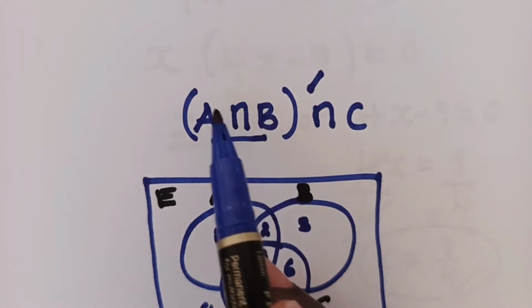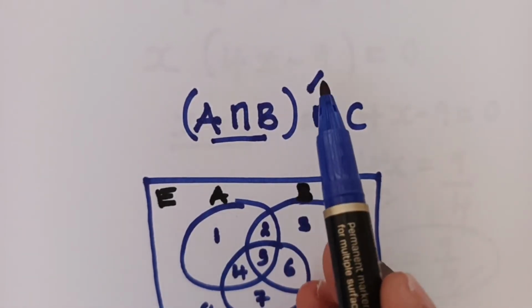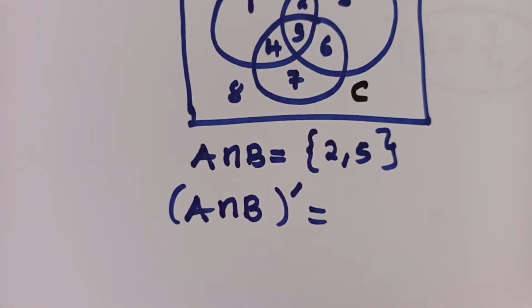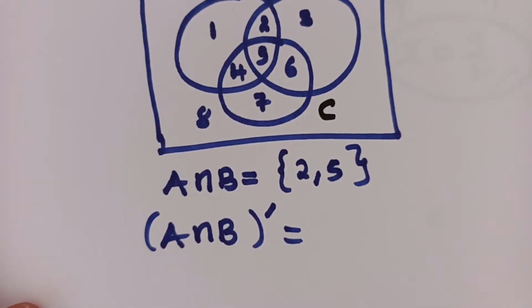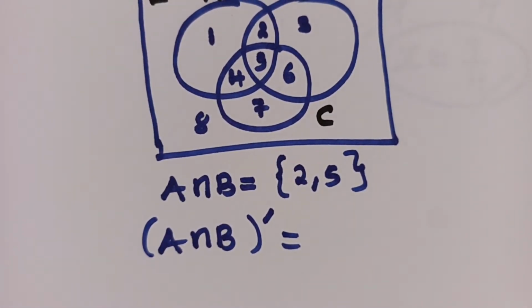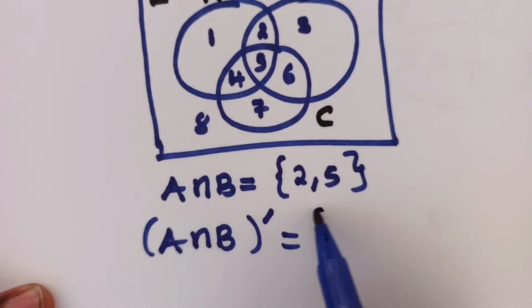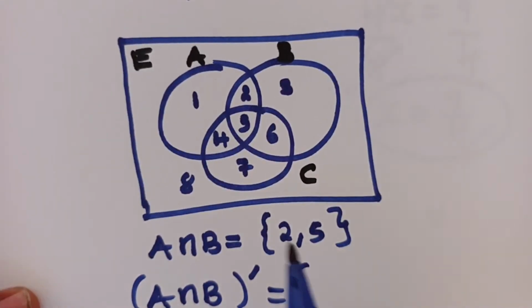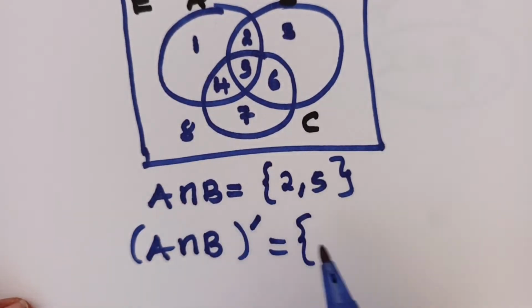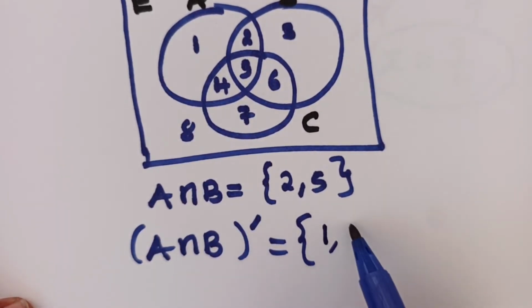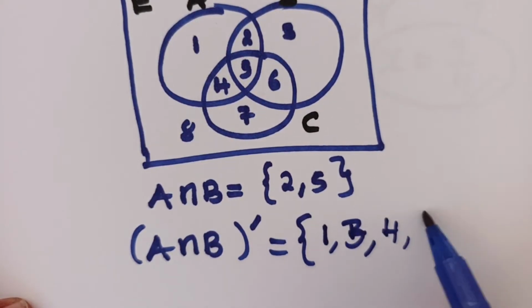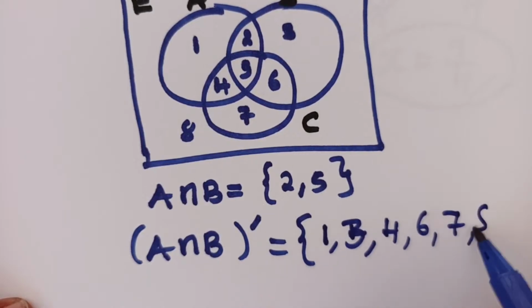So we're now going to find A intersect B complement, okay? And this is what we're trying to find. A intersect B complement simply means you get everything that you're able to see except what is found in A intersect B. So we've got 1, 3, 4, 6, 7, 8.